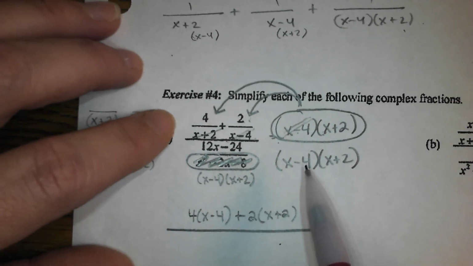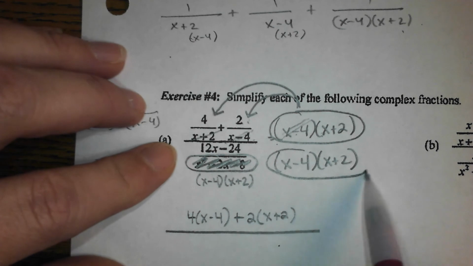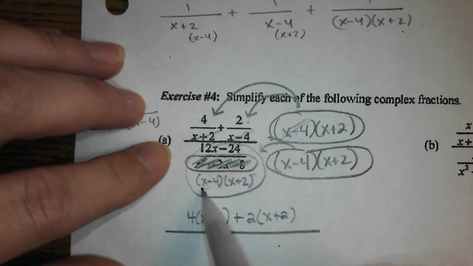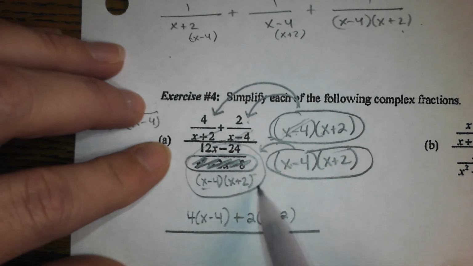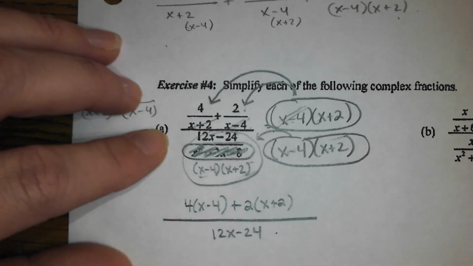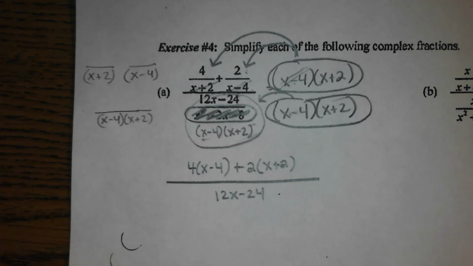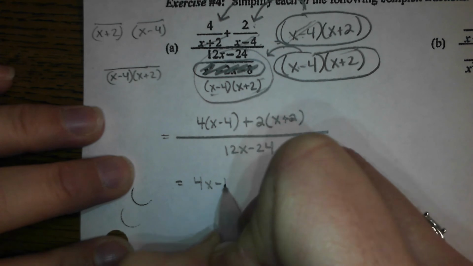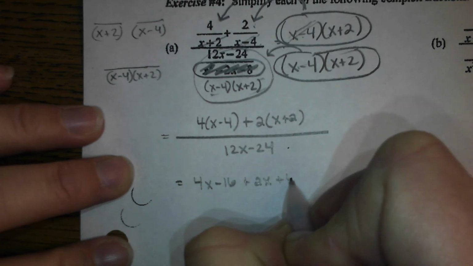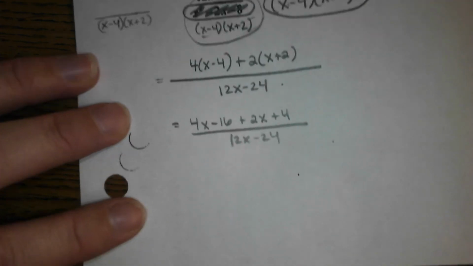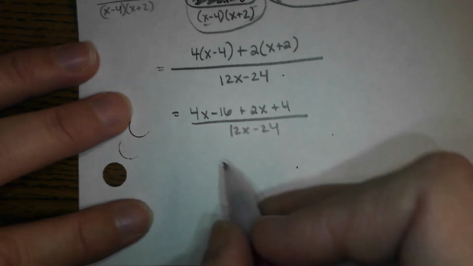In my denominator, when I take this and multiply it by the only mini fraction that's there, the entire denominator cancels with this entire thing, leaving just a 12x minus 24. So now that that complexity is gone, I just need to simplify the numerator. So distributing my 4 and my 2. Combining like terms will give me 6x minus 12.